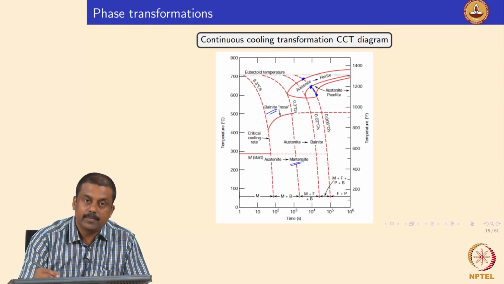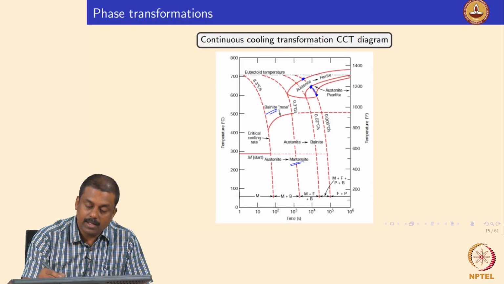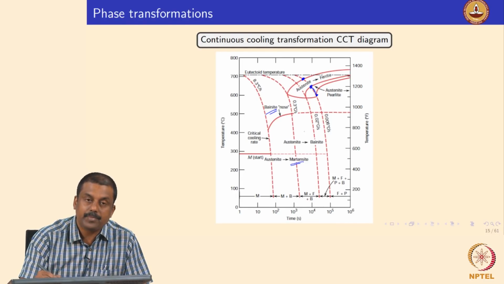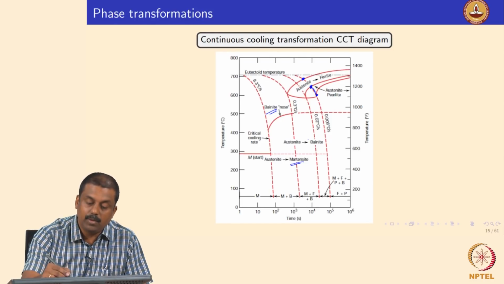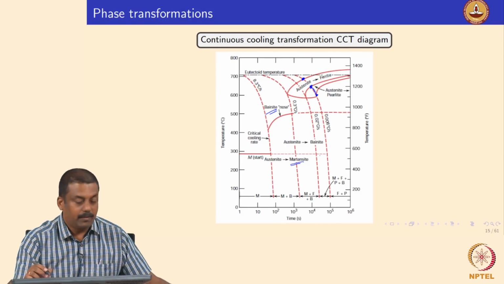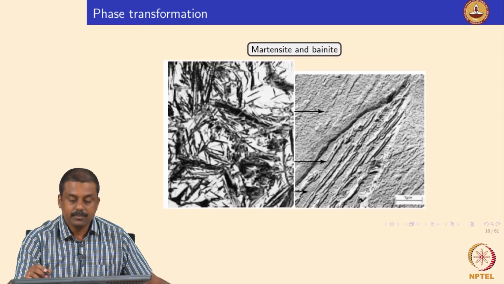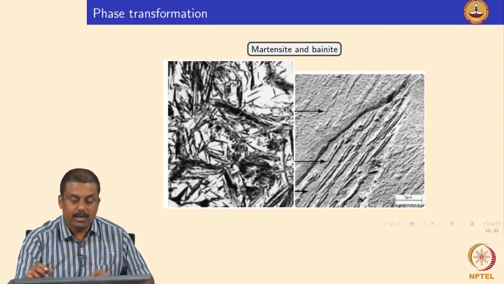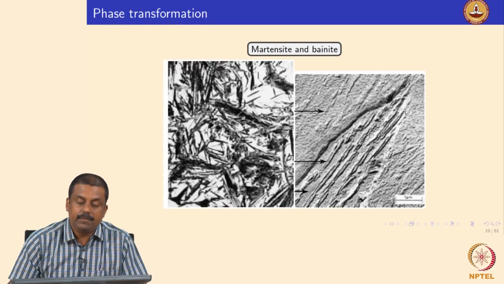And what are these? So we need to understand, before going into detail about the CCT diagrams, what the other possible microstructural features are that can form when you are cooling the austenite continuously to room temperature. Okay. So for that, we will first look at the morphology of these two phases.